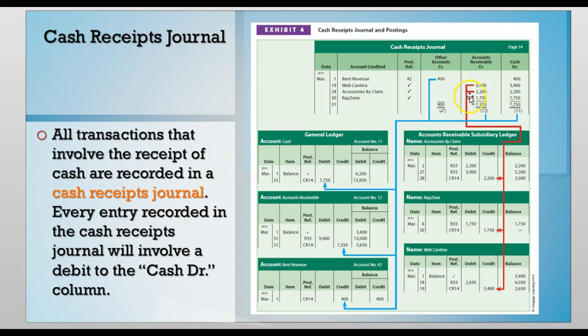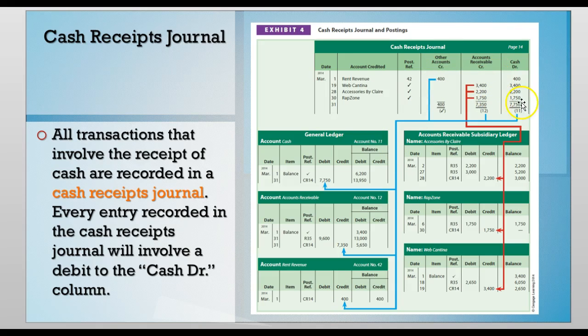So again, this explodes down, and now it's crediting. See how it's crediting? It's removing the amount of money that they owe you. But you also come over and post once here to the general ledger for your cash. You're going to post a credit here to your accounts receivable for the amount that adds up here, and you're going to post here for the credit on this one right here.